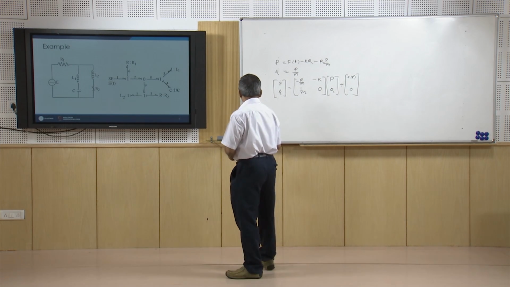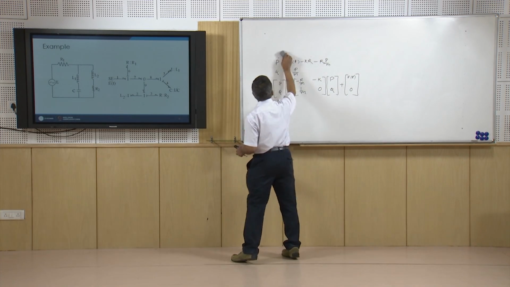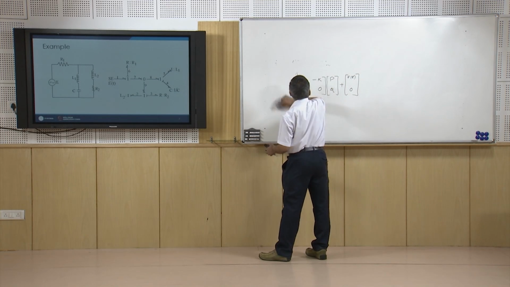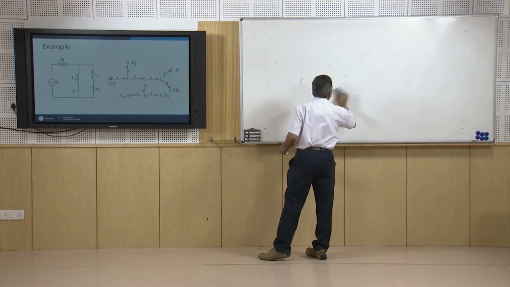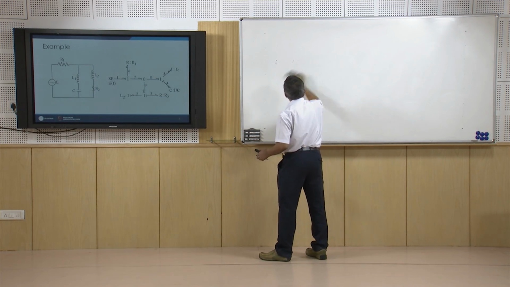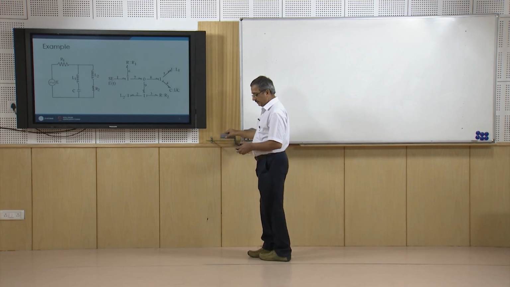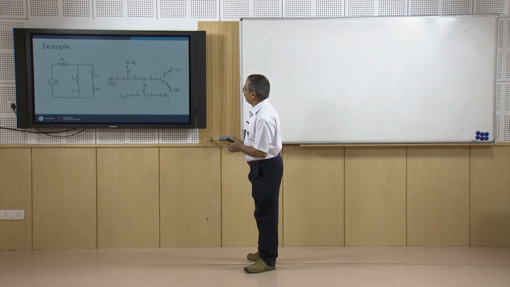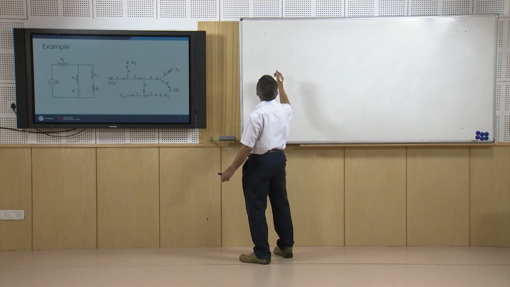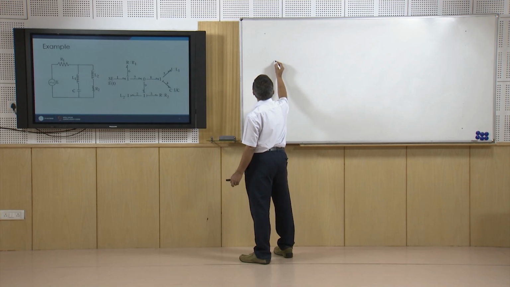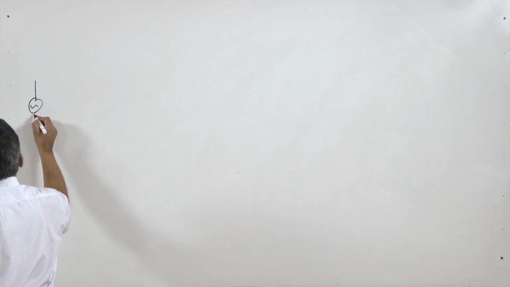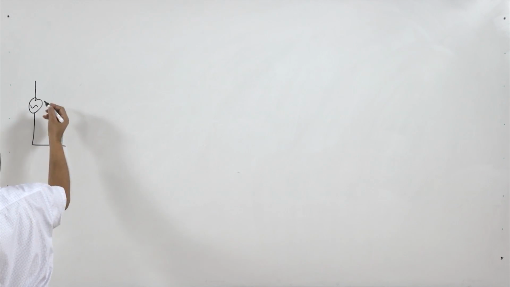So, to derive the bond graph model for this system, we can use the concept of masking which is there in the bond graph, and I will quickly explain how we can draw the bond graph for such a system.